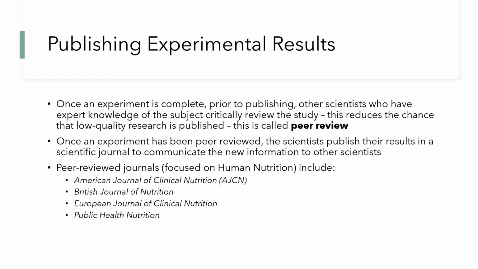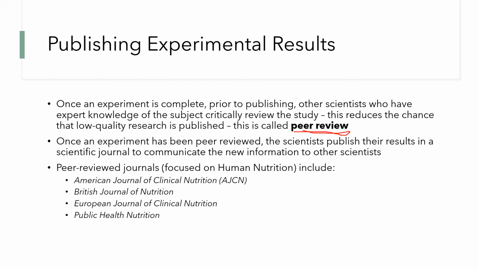All right, so once the study is complete, the researcher would publish their study, ideally in a reputable scientific journal. Prior to publishing the study, the experiment has to go through what's called peer review.